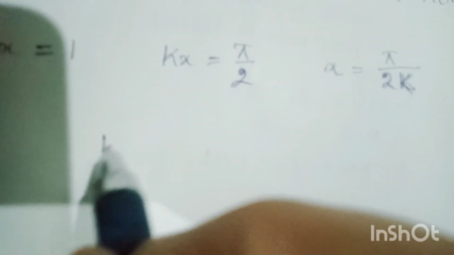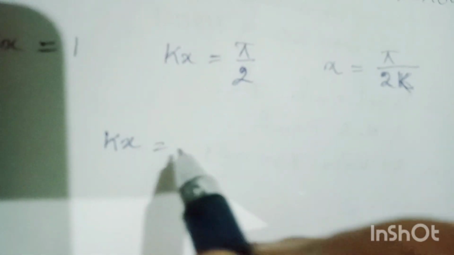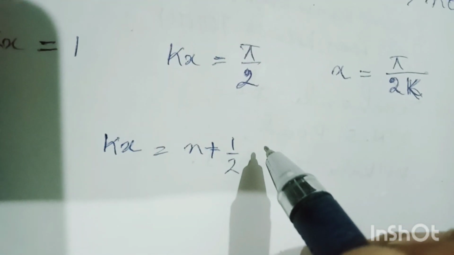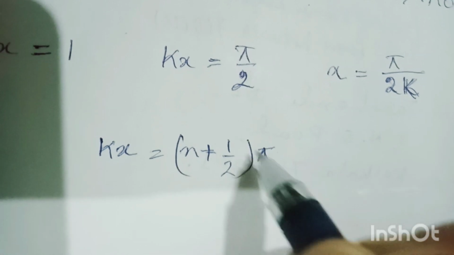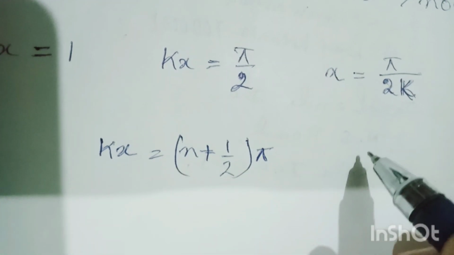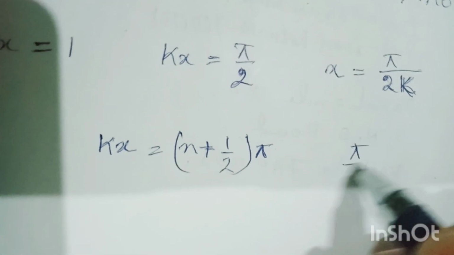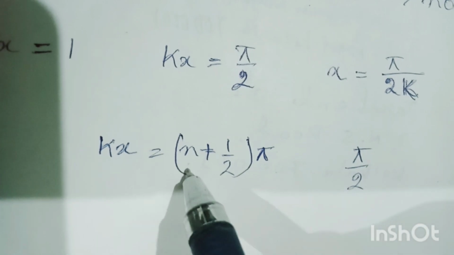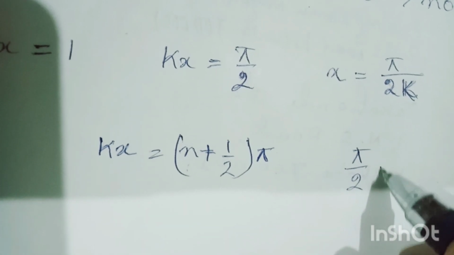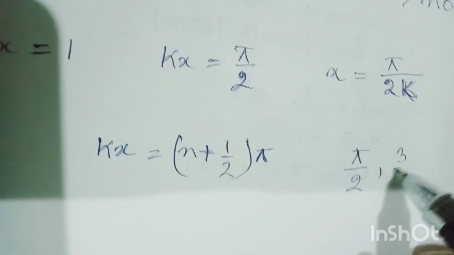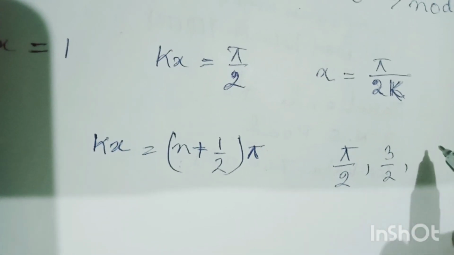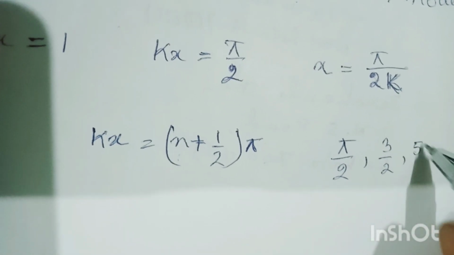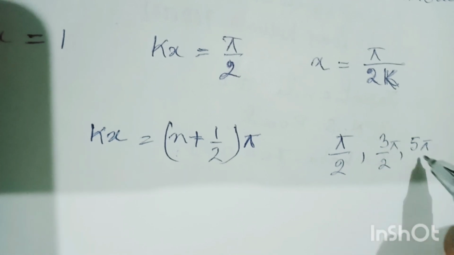We will generalize this as kx is equal to (n plus half) pi. (n plus half) pi gives us what? All the odd multiples of pi by 2. When n is equal to 0, it gives us pi by 2. When n equals 1, it gives us 3 pi by 2. When n equals 2, it gives us 5 pi by 2, like that.